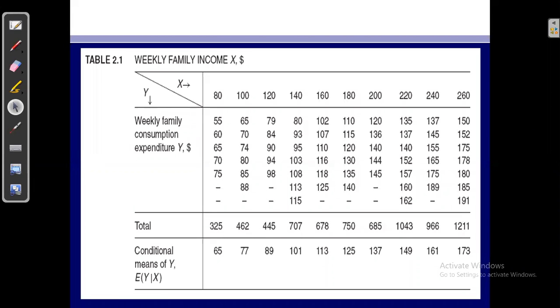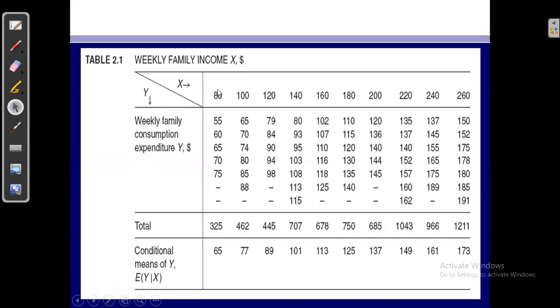So for example, if you look at the figure 80, the first column in this particular table, and you look at the corresponding 5 values, this would be a situation where you ask a particular family whether your income is $80 per week or $100 per week. You're just saying first tick one of these levels.